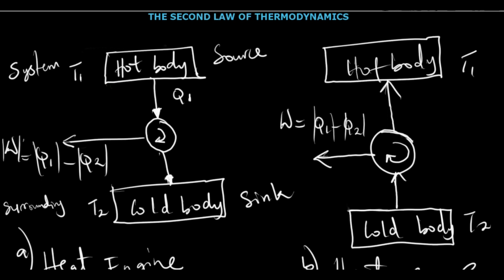Now, the second law of thermodynamics states that it's practically impossible to construct a system that will do no other than operate in a cycle, extract heat from a single reservoir, and then do an equivalent amount of work on the surrounding.